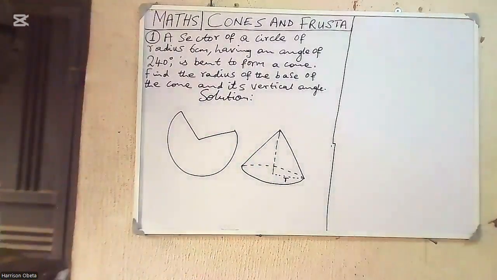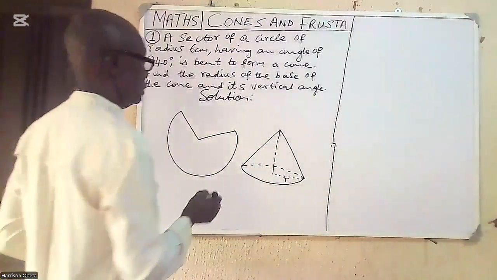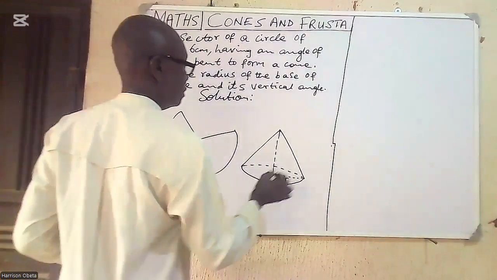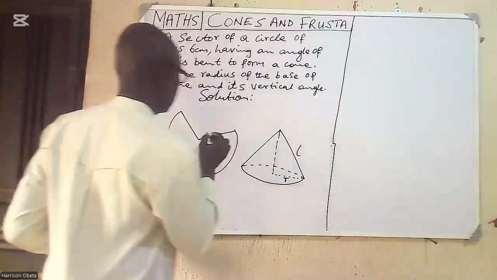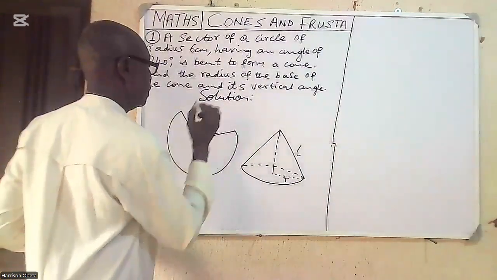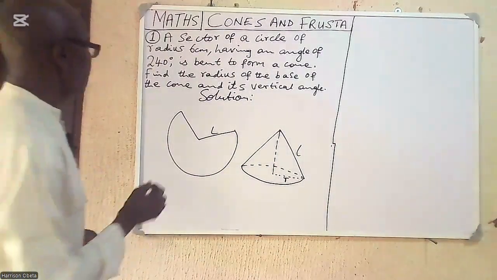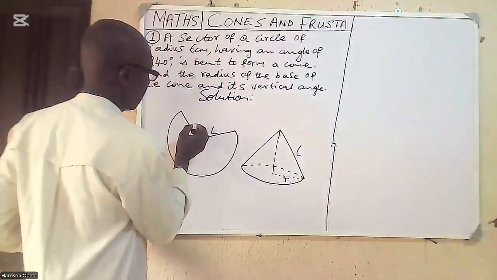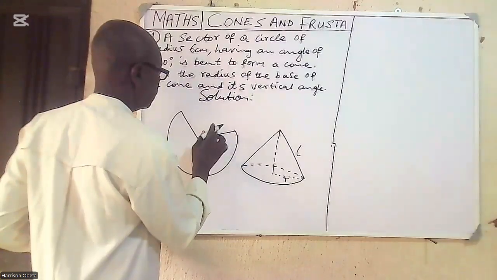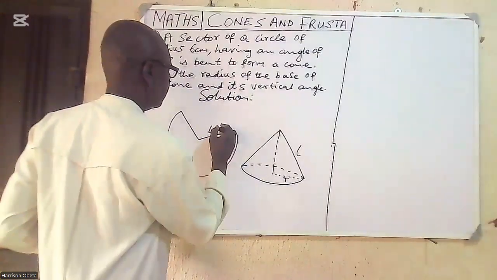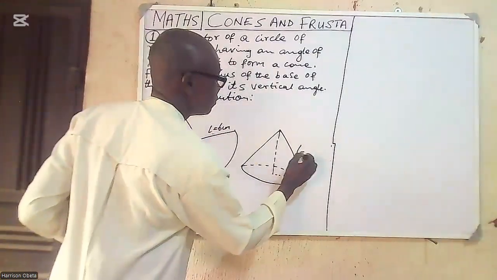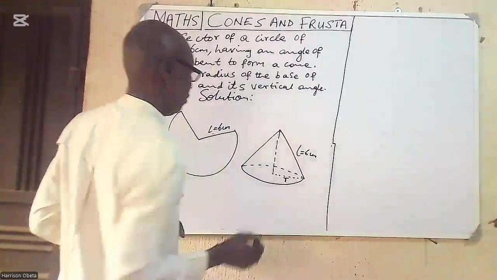So you can see the cone. The slant height is L, which is from here. And we are told that a sector of a circle of radius 6 cm. That means this is our L, which is the slant height, is 6 cm.